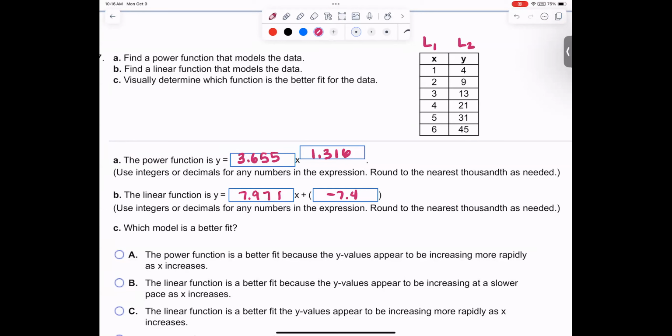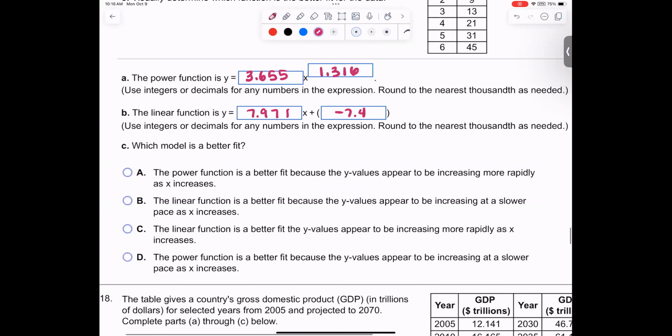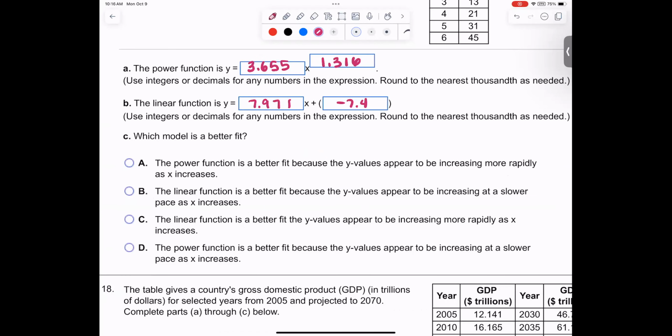So what do you think? Which one did we say was a better fit? The power function. So we have 4 choices here. It's going to be A or D, we think. The power function is a better fit because the Y values appear to be increasing more rapidly as X increases, or is it because the Y values appear to be decreasing at a slower pace as X increases?